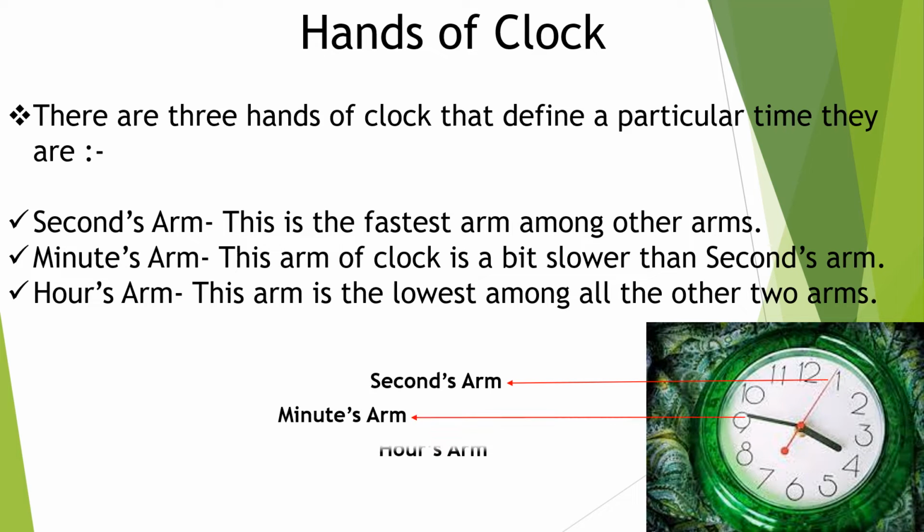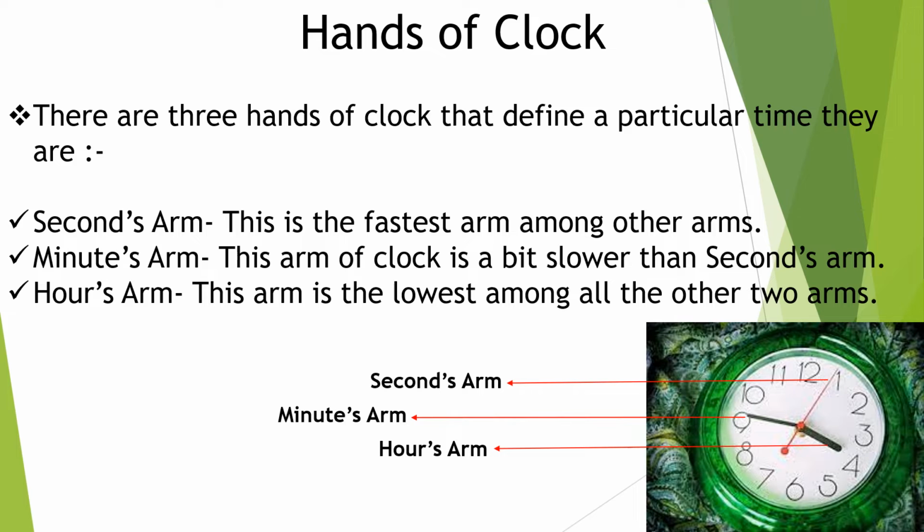So in this slide we are going to learn about hands of clock. There are three hands of clock that define a particular time. They are a seconds arm. This is the fastest arm among other arms. Minutes arm. This arm of clock is a bit slower than seconds arm. Hours arm.